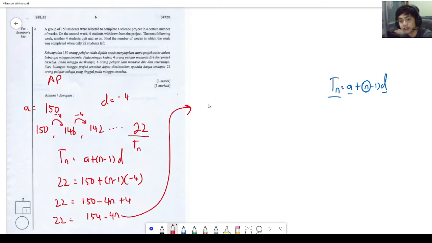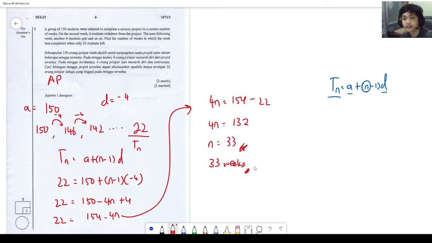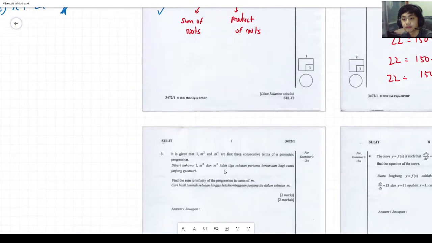So 4n equals 154 minus 22, which is 132. To make n the subject, we have 132 divided by 4, that is 33. So it takes 33 weeks for them to complete the project in this case.